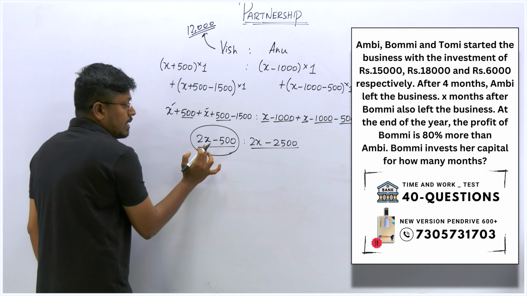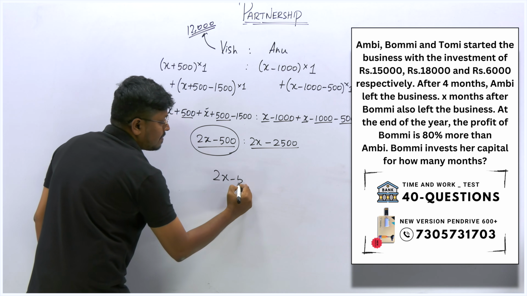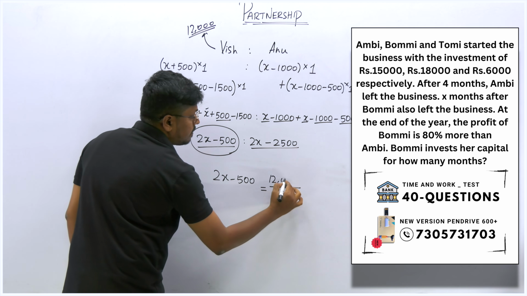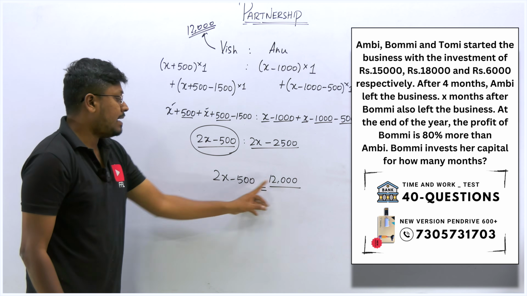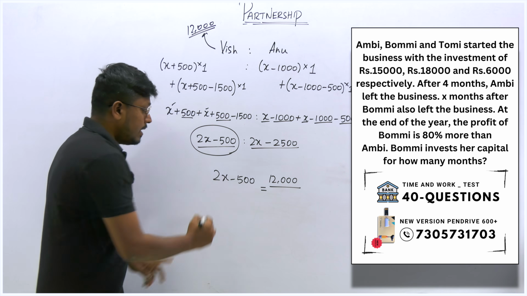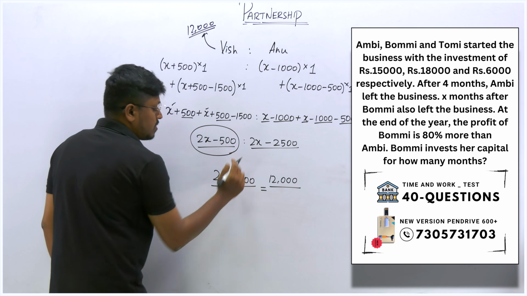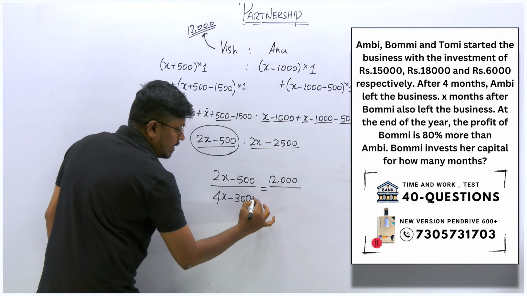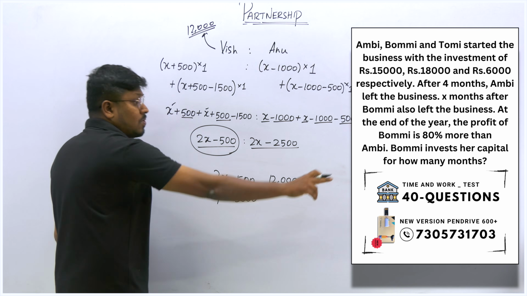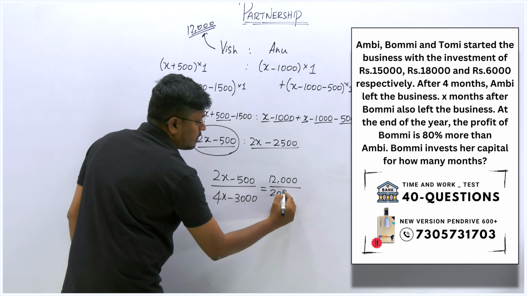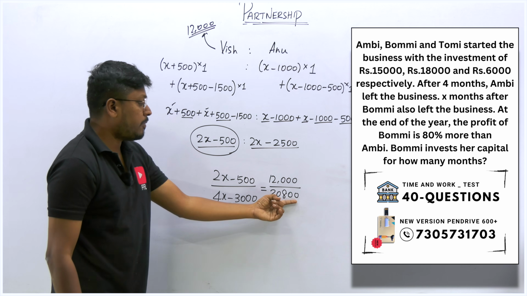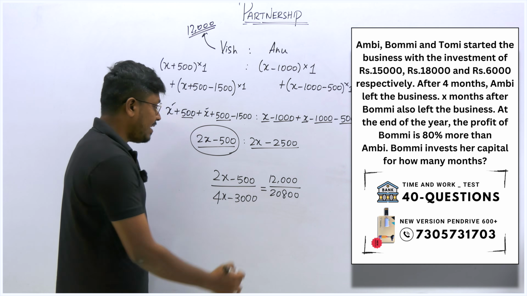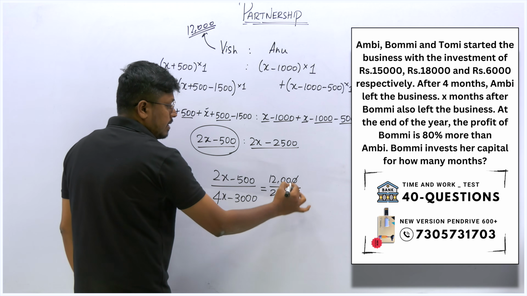So 2x minus 500 equals Vishnu's profit of 12,000, divided by the total: 2x plus 2x is 4x, and minus 500 minus 2500 is minus 3,000, with the total profit of 20,800. So it is Vishnu's investment and Vishnu's profit over total investment and total profit. Now we can cancel the zeros.